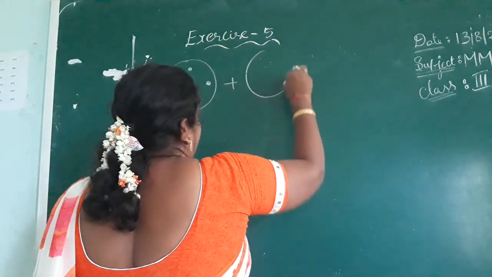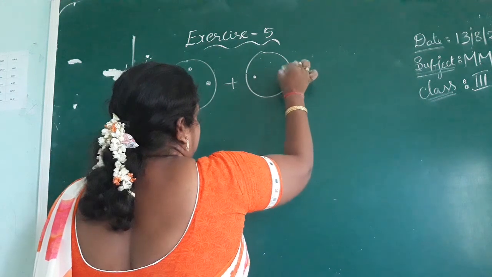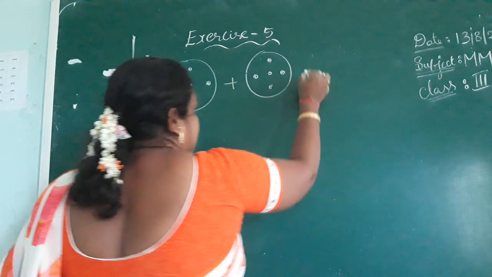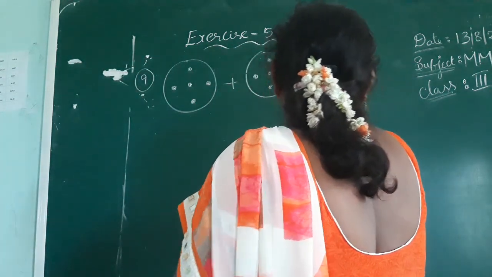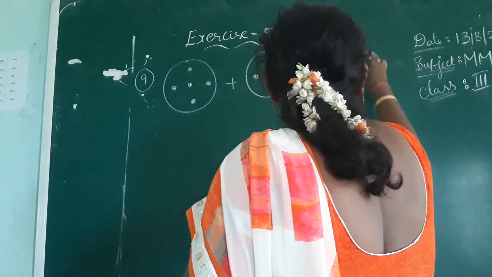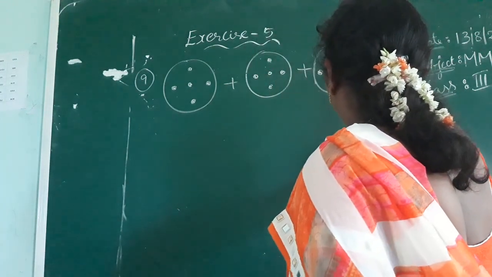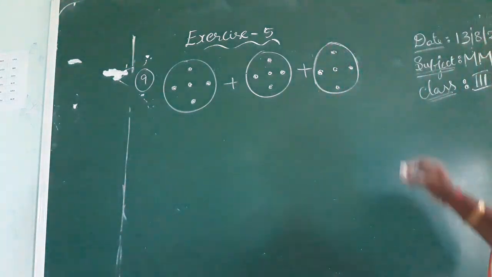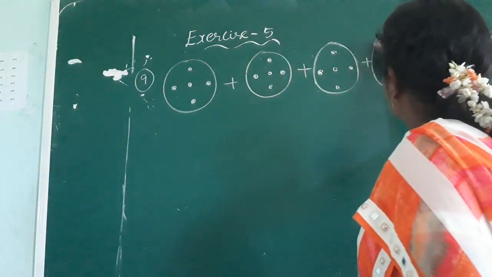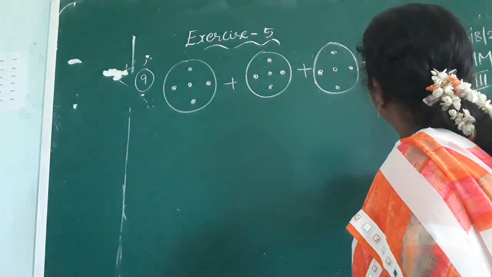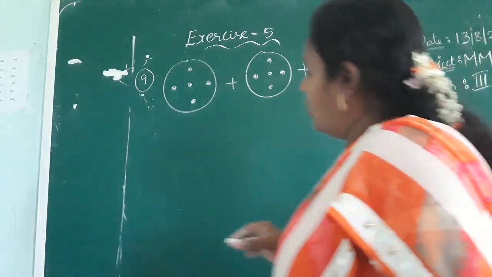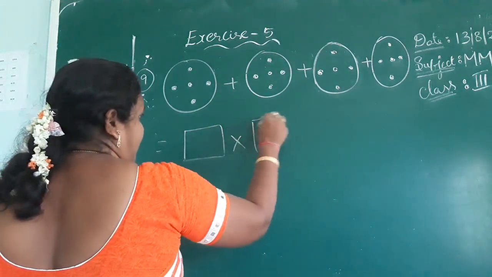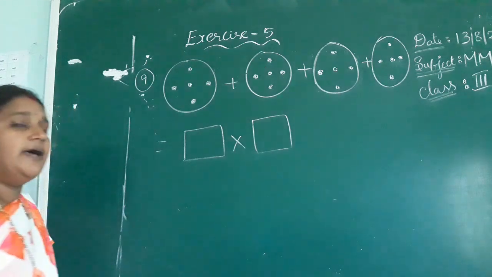Plus, again one more picture with 5 dots. Plus, one more picture with 5 dots. Okay, now the fourth picture, and they gave the question like this: equal to 2 boxes. In between they gave the multiplication symbol.